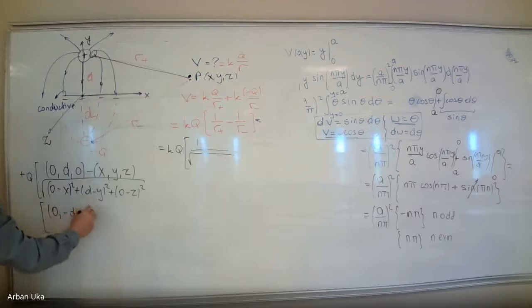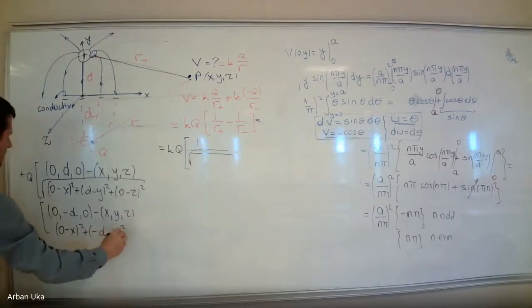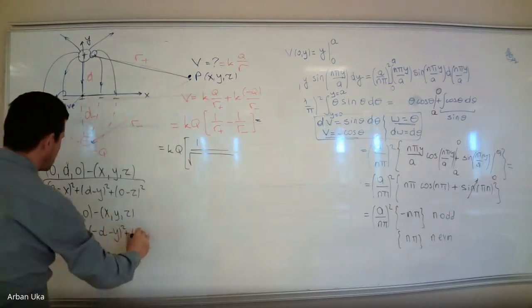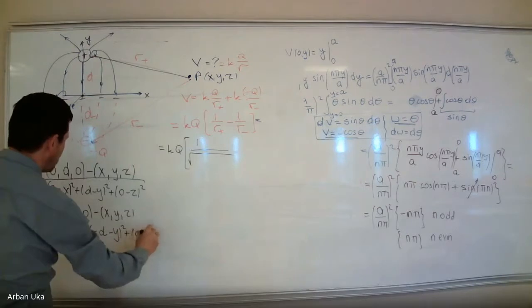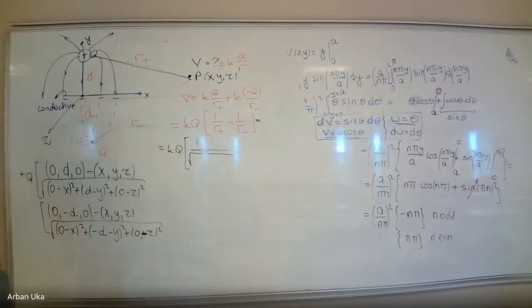So this is one point minus the general expression of x, y, and z. And the distance between these two is the square root of 0 minus x all squared plus minus d minus y all squared plus 0 minus z all squared. So this is what we get in the end.